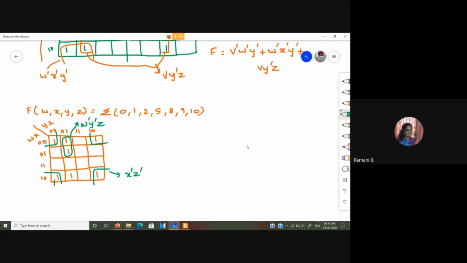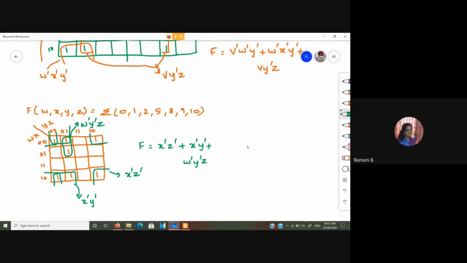However, we always tend to go for the maximal group, so we take this particular quad. Taking the quad, W is changing in both the rows, so you have x bar, and here y is 0, so y bar. So F is equal to x bar z bar plus x bar y bar plus w bar y bar z.